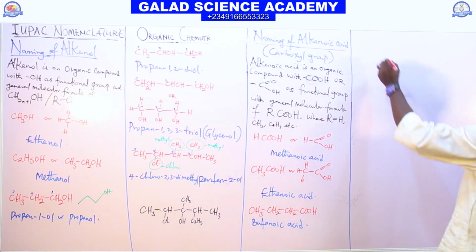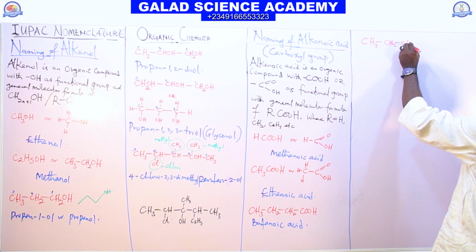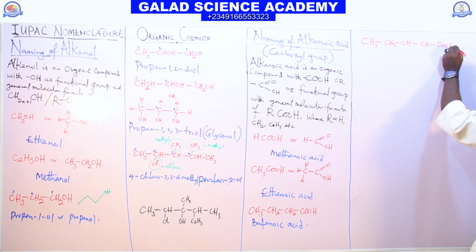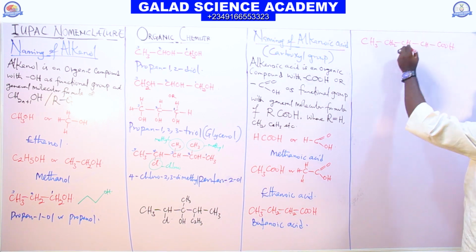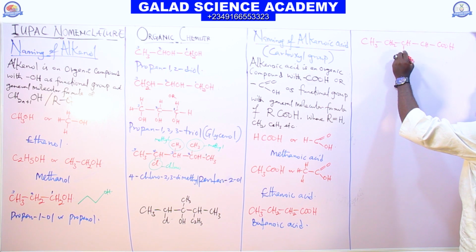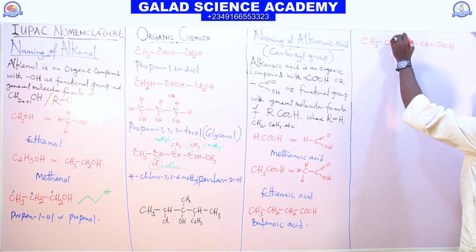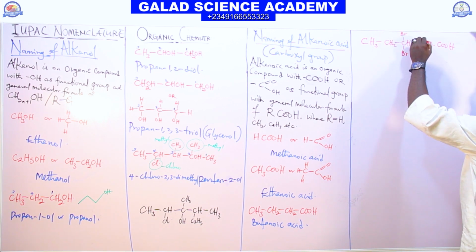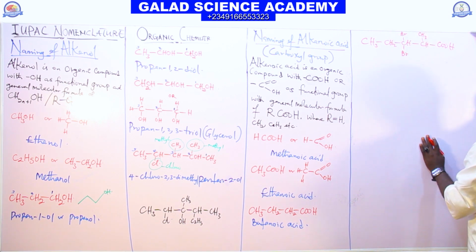So let me proceed here. In the case where we have CH3, CH, CH, COOH, and here I'm having bromine, another bromine, and here CH3.